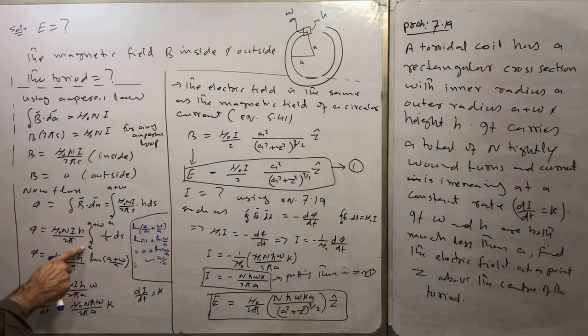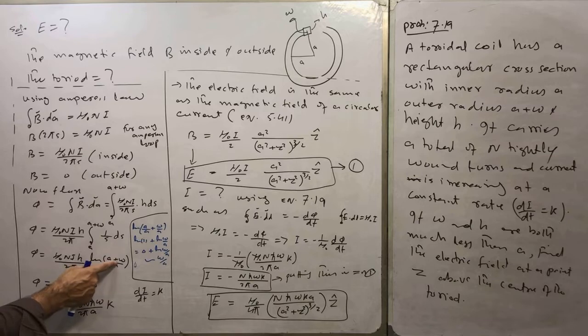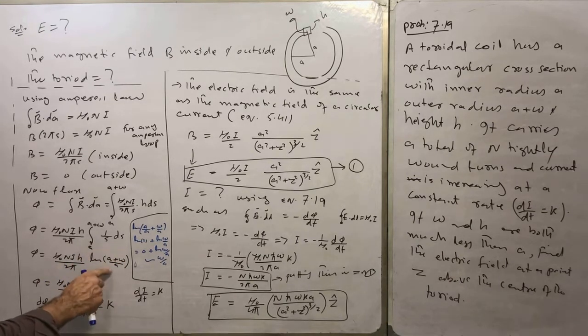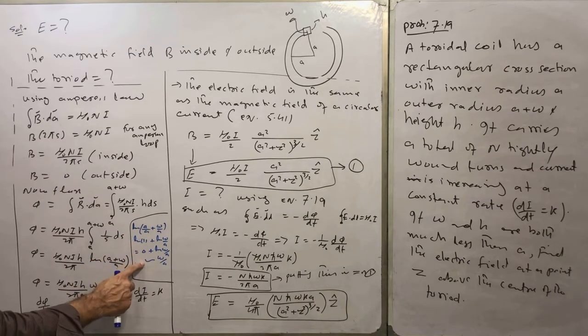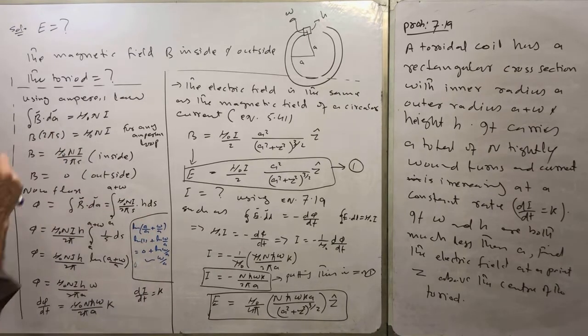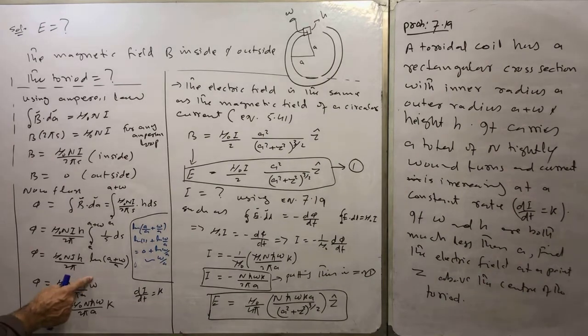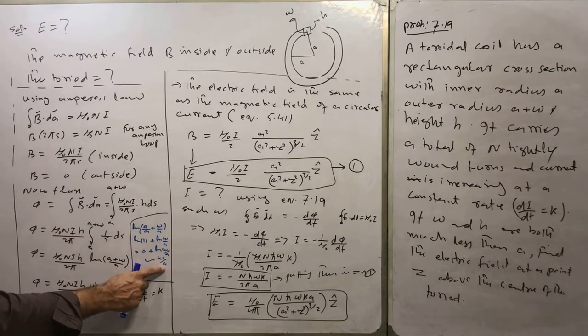The integration is very simple: ln of (a plus w) divided by a, which is approximately equal to w divided by a.